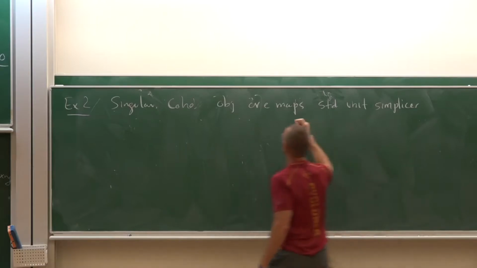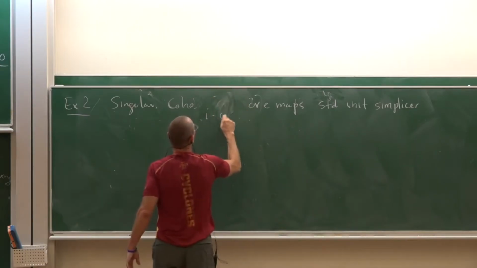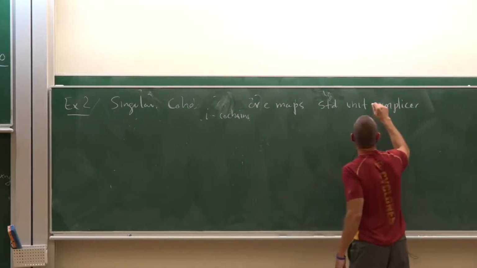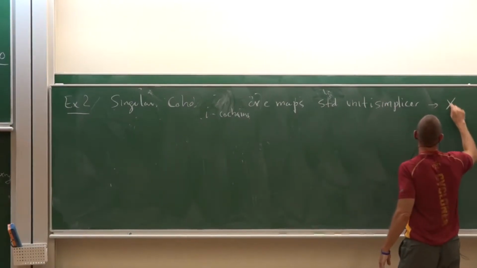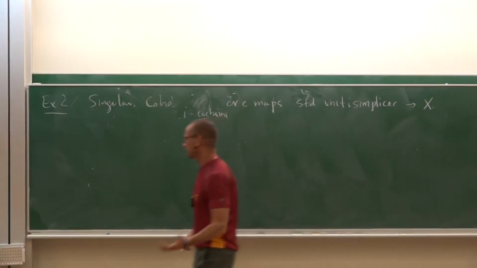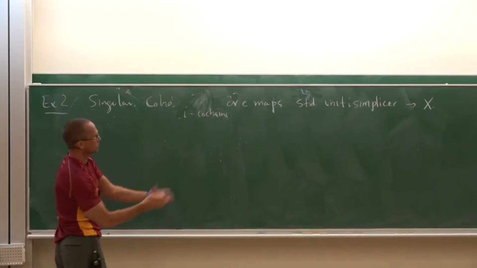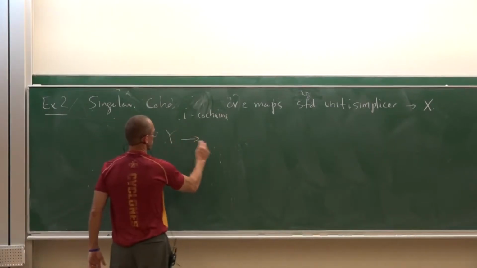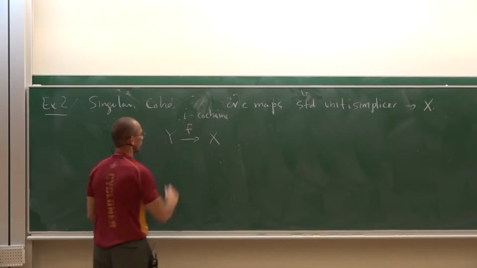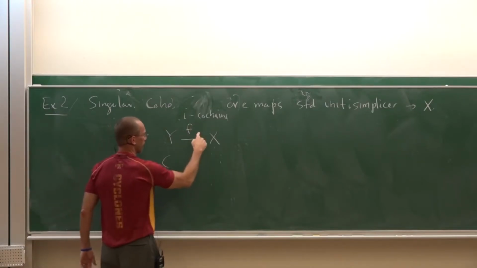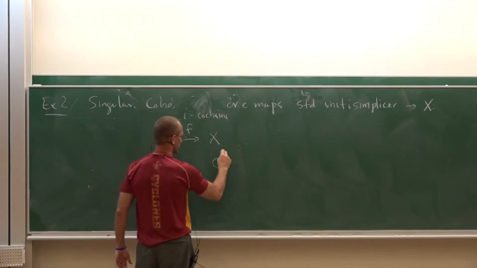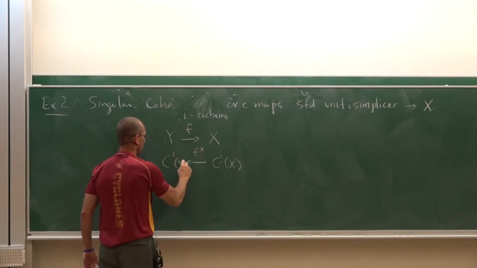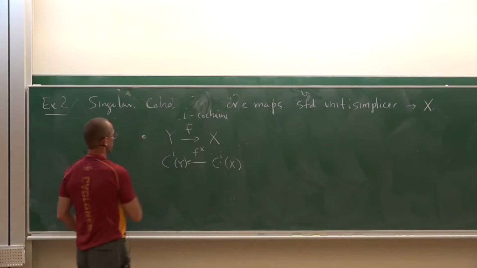The i-cochains are maps from the standard unit i-simplex into your space X. So I have an arbitrary space X, and I take maps of my unit i-simplex into X. And it's easy to check that if I have two spaces X and Y, and some map between them, I can pull back chains, so I get a map from Ci of X by pulling back to Ci of Y. So this is one property of singular homology.